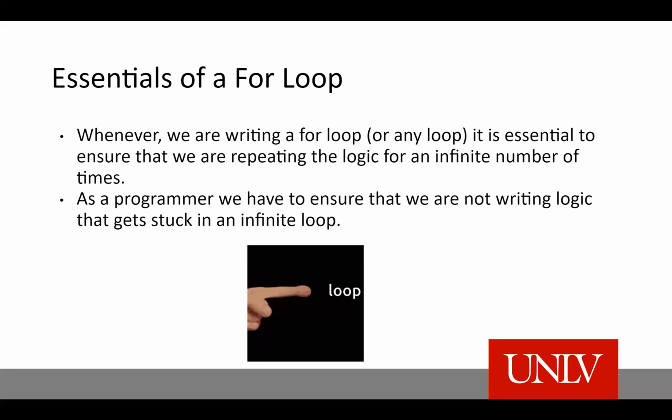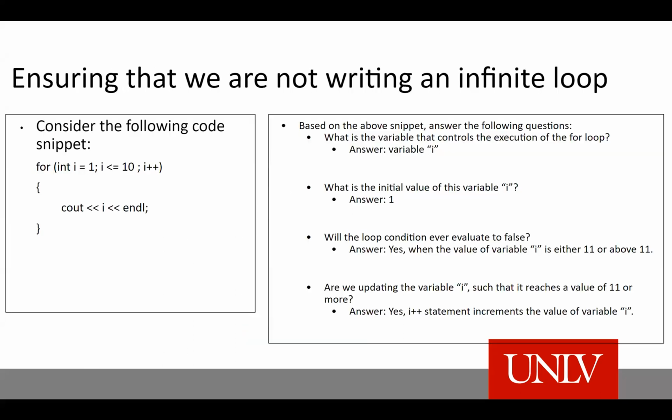As a programmer, whenever I'm writing logic for a for loop, it is essential that I ask certain questions and answer them, so that my for loop is executed, but not executed an infinite number of times. Let's take the same example, printing the values from 1 to 10.